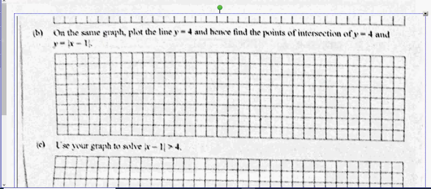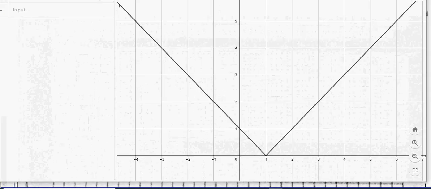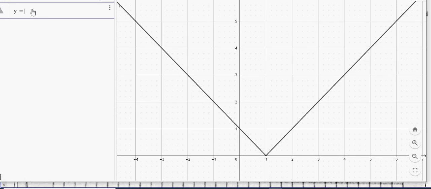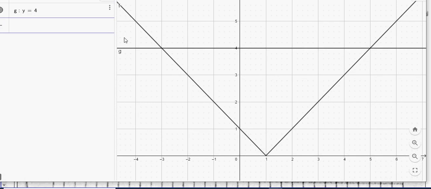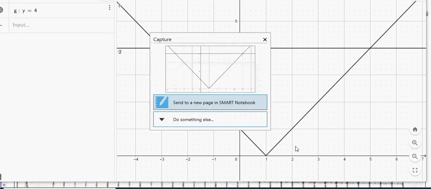Nextly, on the same graph, plot the line y equals 4. No bother, I will plot the graph y equals 4. Y equals 4. Done. Where's the 2 points of intersection? Minus 3, 4, and 5, 4. Is everybody cool with that?